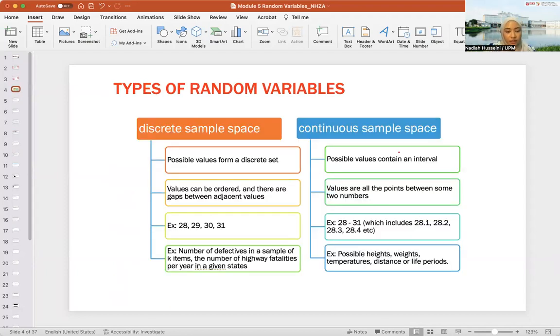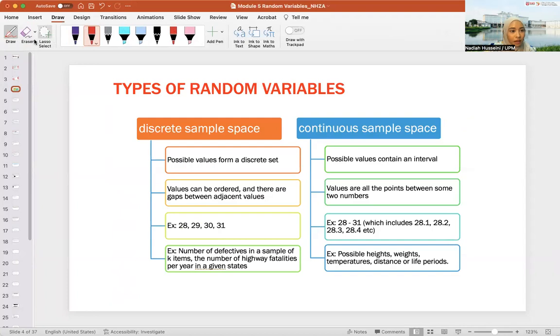For a discrete sample space, the possible values form a discrete set. Values can be ordered and there are gaps between adjacent values. For example, with 28, 29, 30, 31, there is a gap between 28 and 29. I don't consider 28.1 as my outcome, and I don't consider 28.999 as my outcome, because this is a discrete sample space.